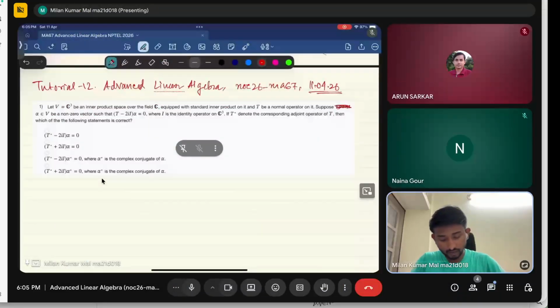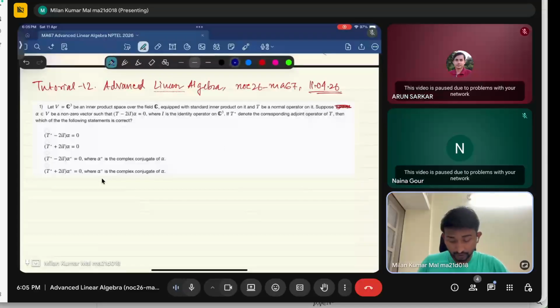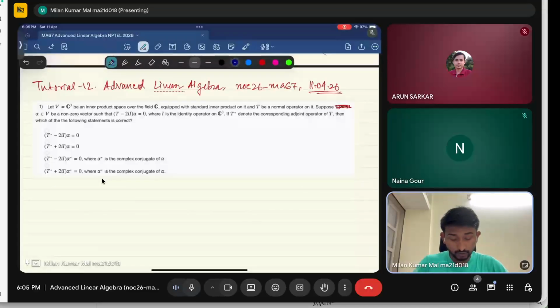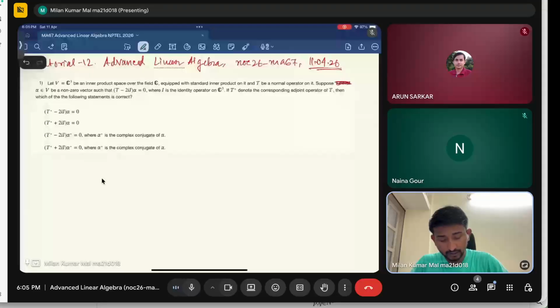Let V equal C3 be an inner product space over the field of complex numbers, equipped with the standard inner product. We know what the standard inner product is.